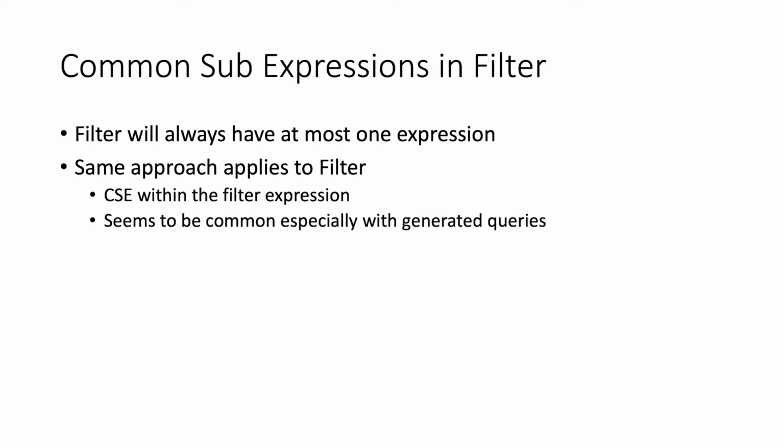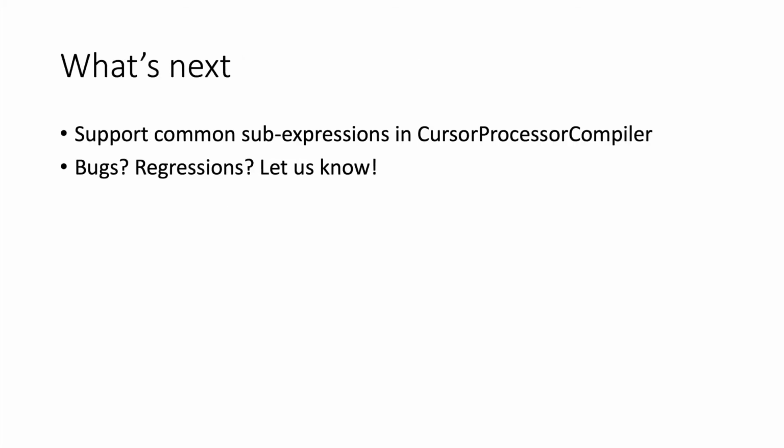Filter is actually a simpler case compared to projection, because a filter would always have at most one expression. You are trying to find the common expression within that one gigantic expression. So what's next?